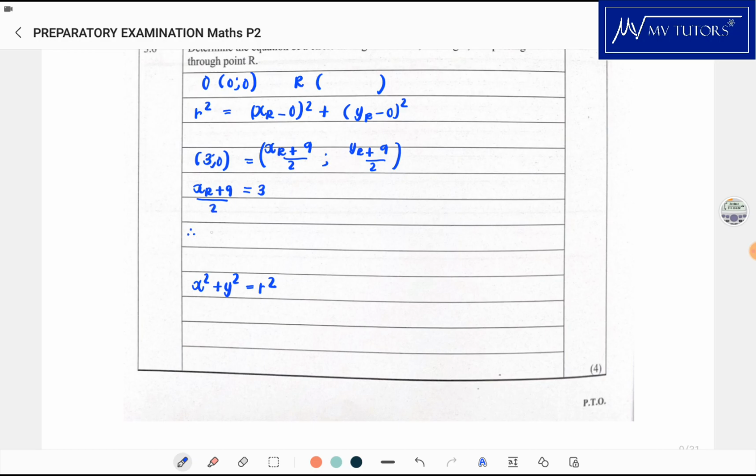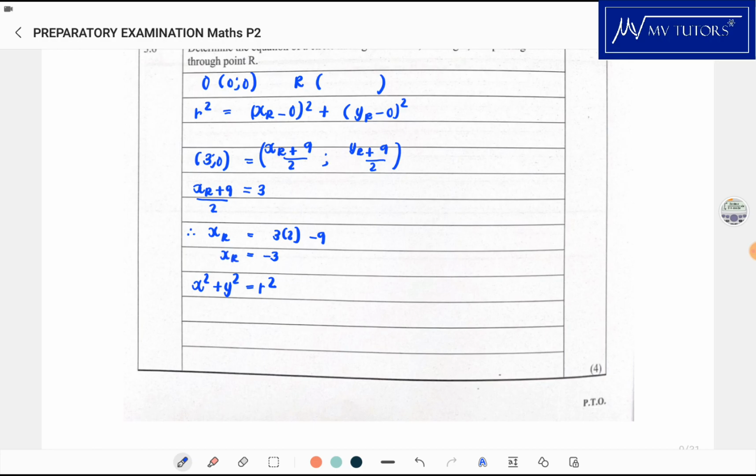Therefore x_R plus 9 is equal to 3 times 2. Therefore x_R is 3 times 2 minus 9. The x-coordinate of R is going to be 6 minus 9, which is minus 3.